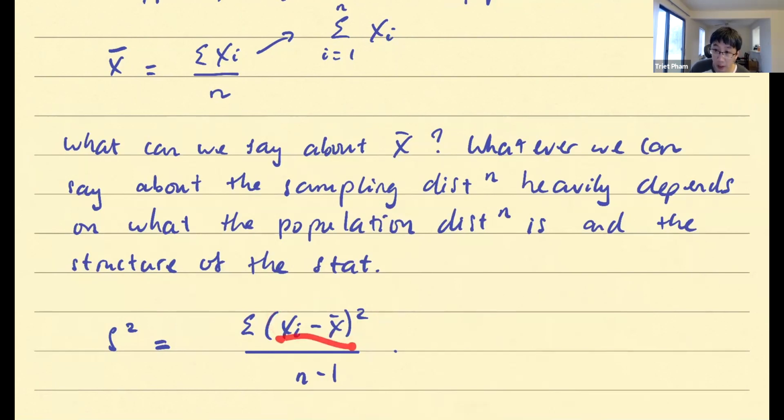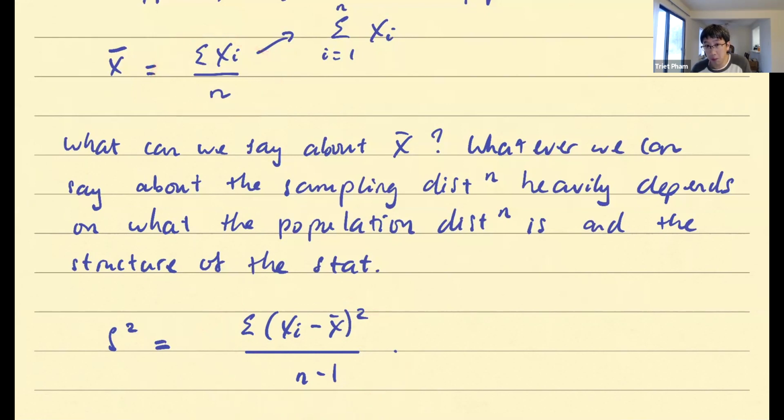So they are correlated in some way. There may be some weird things where these guys are independent, who knows? But you don't expect so. More likely than not, these guys are non-independent. So when you sum them up like this, what are we doing? You see the structure of S squared is much more complicated than this guy.